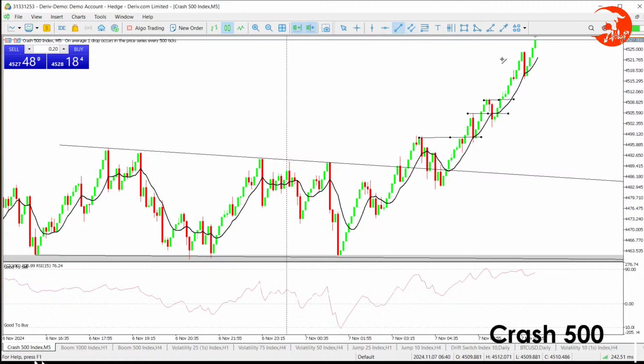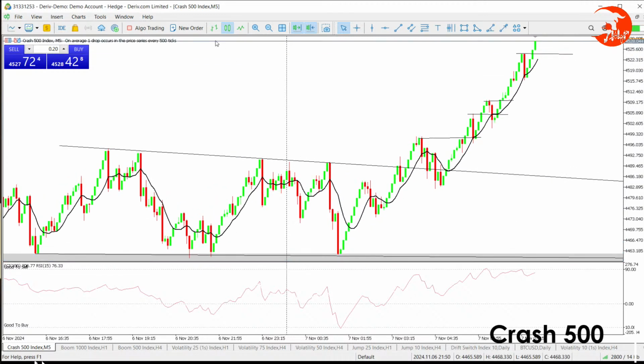So you can choose to look for that and look for your points of interest there and make an entry. That's what price is doing on M5, and clearly that is price action. You can clearly see that we are getting higher highs and higher lows in that kind of manner on M5.